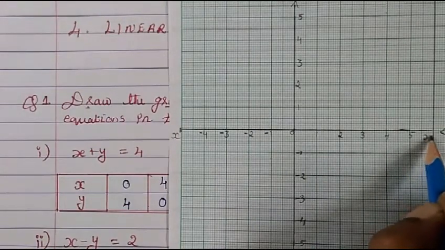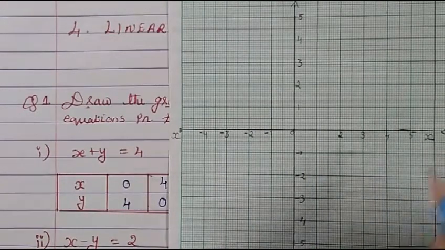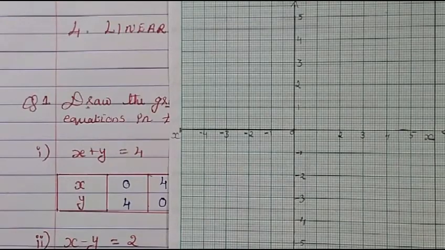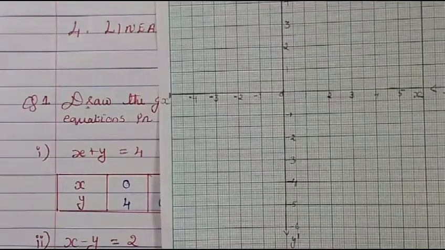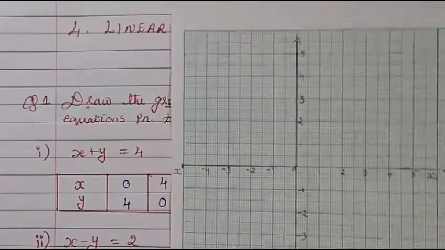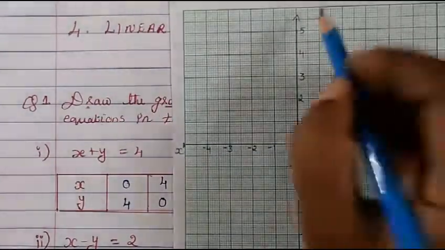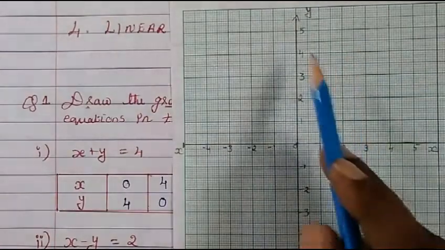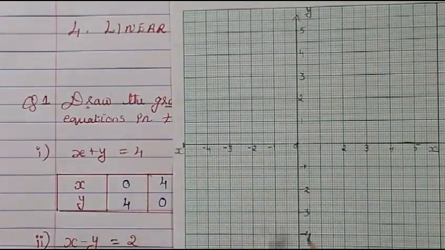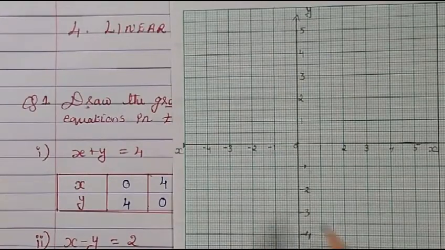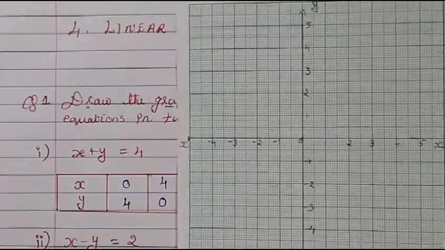So this will be your x axis and this is your y dash axis, and then this is your y axis, because this is positive here, this is negative x, this is negative y. So now let's plot the graph.